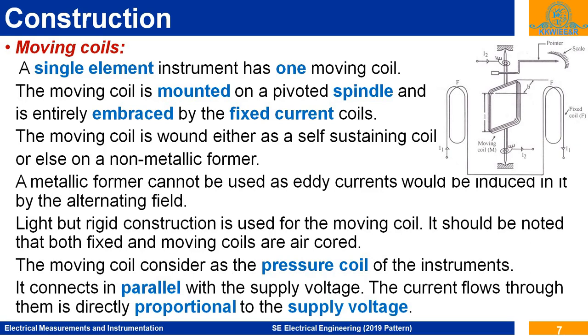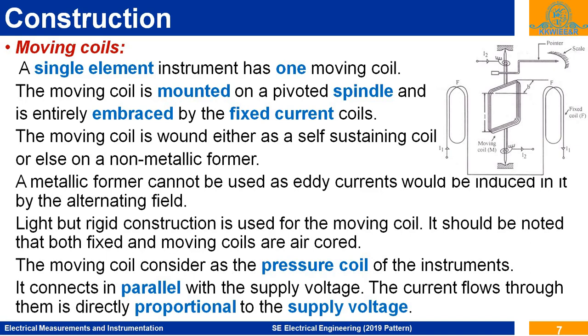The overall construction or size of this spring is very delicate, so the current is limited. There is a limitation for the current. Usually 10 to 50 milliampere current is used to flow through this controlling spring.